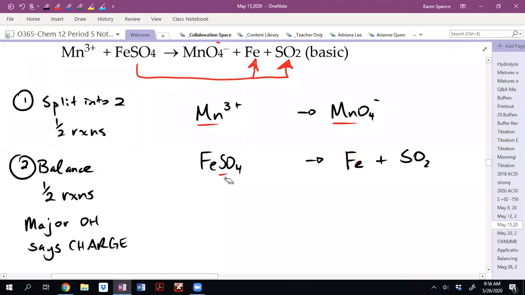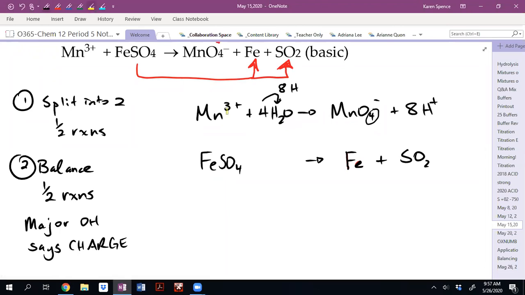Now we have to balance oxygen. Maybe let's just do the top one on its own first. We have 4 oxygen on the right-hand side, so we're going to have 4 H2Os over here. That gives us 8 hydrogens on the left-hand side, so we need to have 8 hydrogens on the right-hand side. Our total charge on the left is 3 positive.